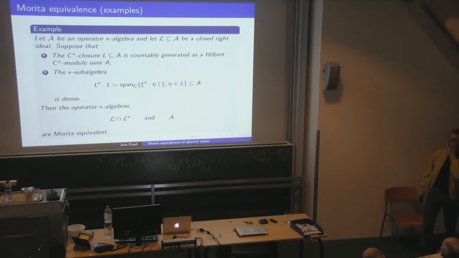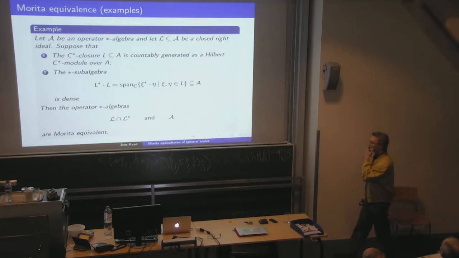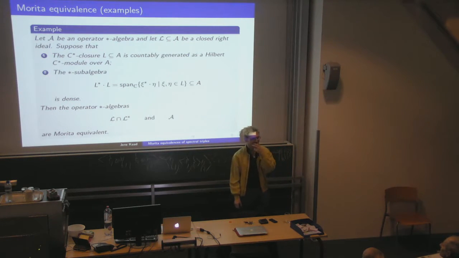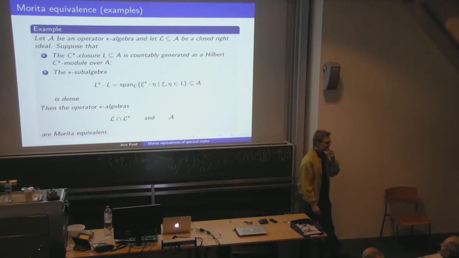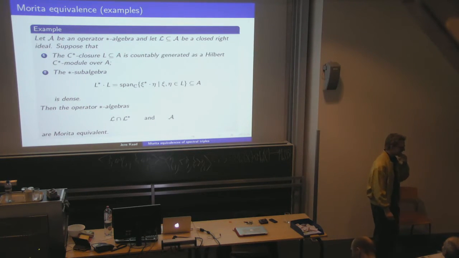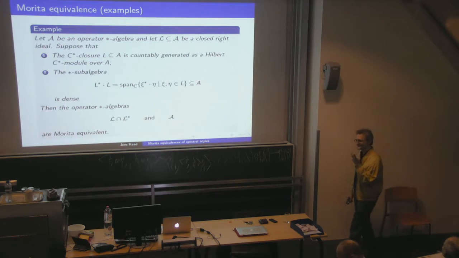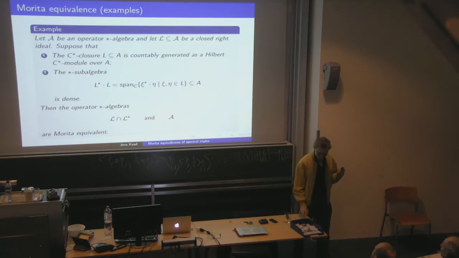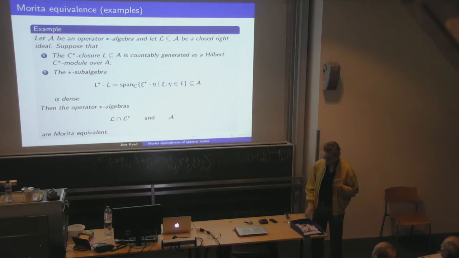Now I would love to say that if you have two Morita equivalent operator star algebras, then there's a bijective correspondence between the spectral triples over A and the spectral triples over B. But this I don't think is true.